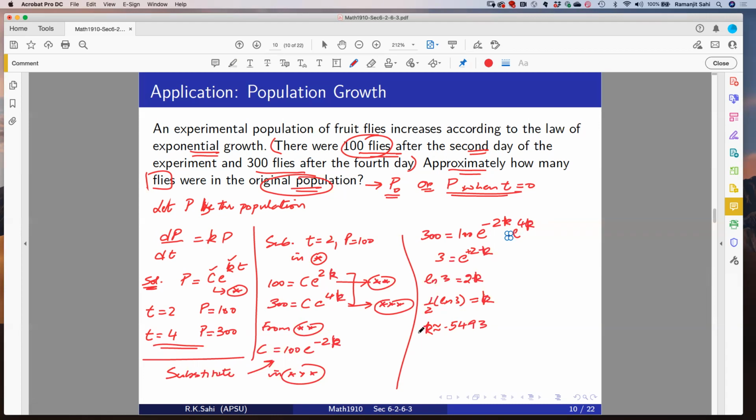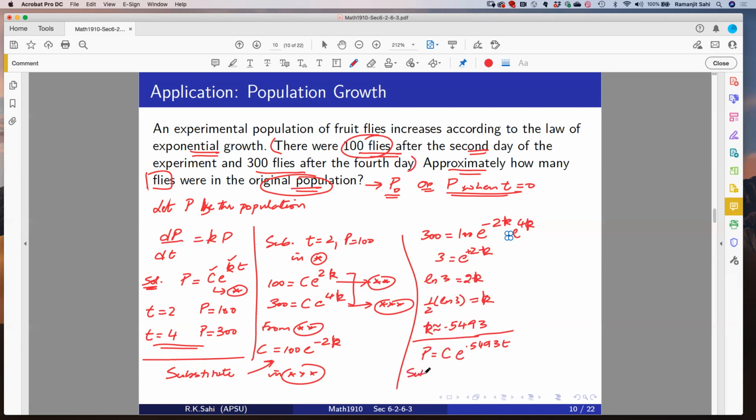Okay, so what are we seeing now? Our population is C e to the power 0.5493 t. But we've got to find C also. Now to find C, I'm going to once again go back to the double star.